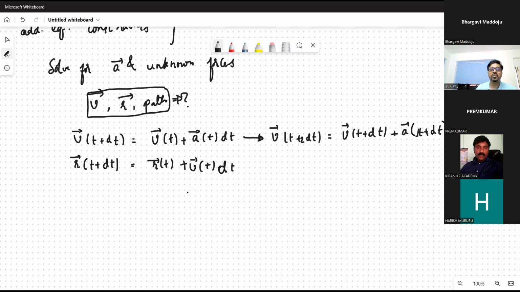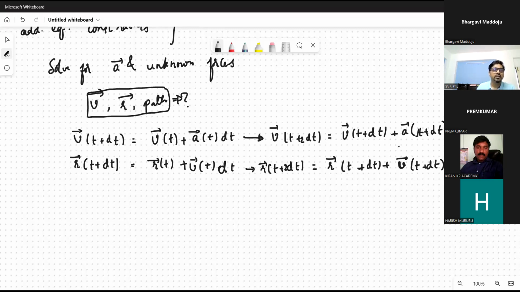Once you have position vector, you can find the path also. Same way, r bar at t plus 2 dt, that is equal to r bar at t plus dt, and then v bar at t plus dt times dt, and so on. I think the system is hanging a little bit. Or otherwise you do integration.